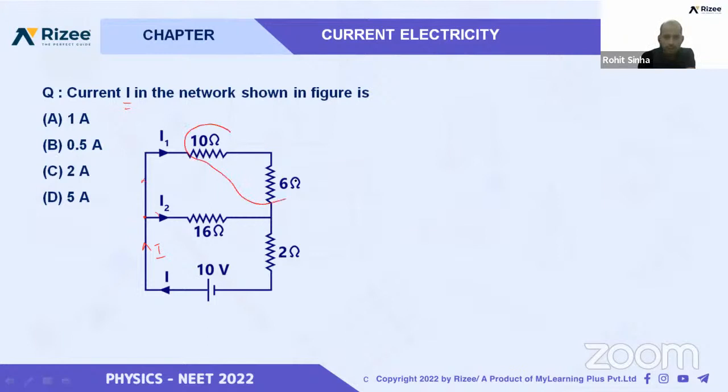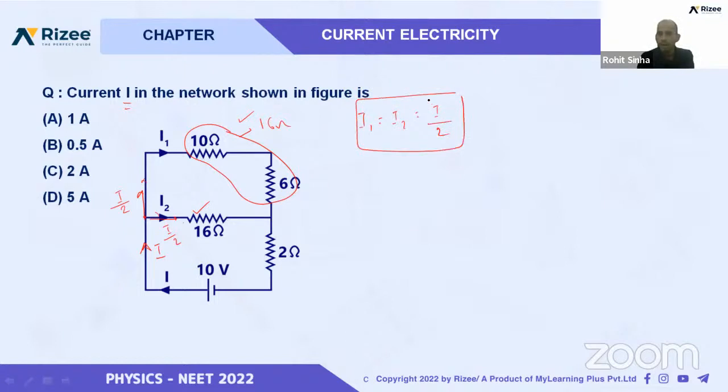This is 16 ohm, just for your confusion, and this is also 16 ohm. That means the current I will have two paths, here and here, but in both paths the resistance is 16 ohm. That means half of the current will flow through this path and half through this path. So I1 will be equal to I2, and it will be equal to I by 2.